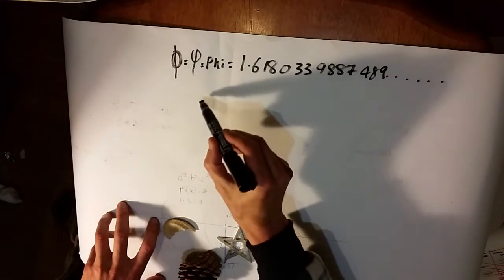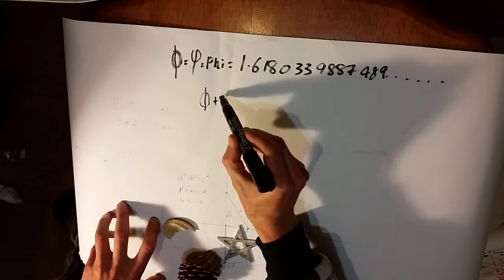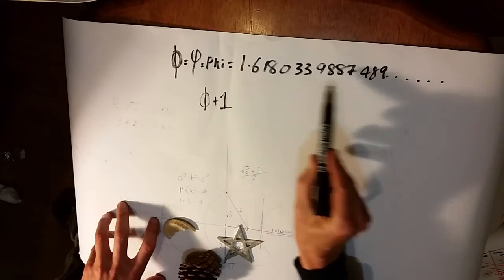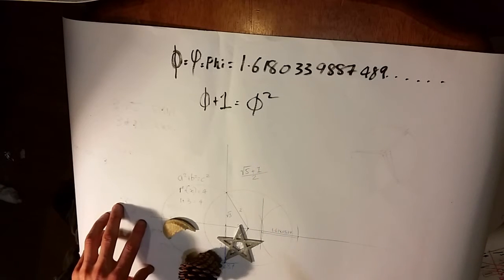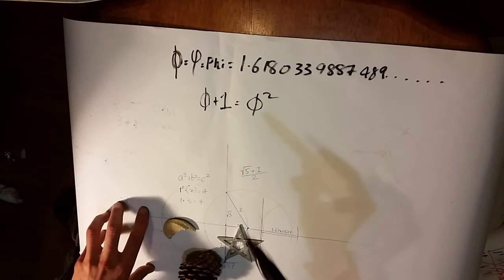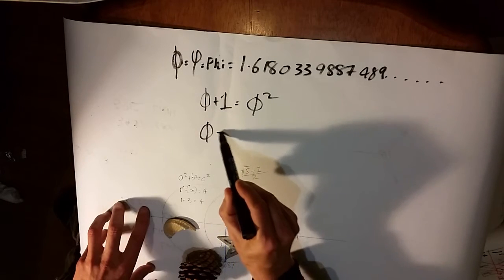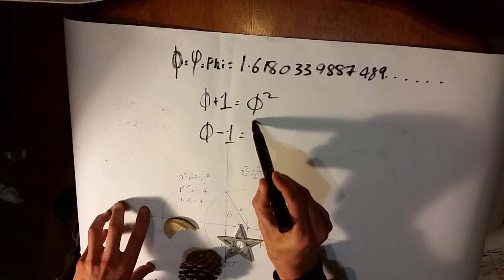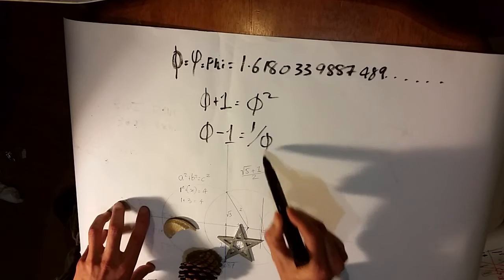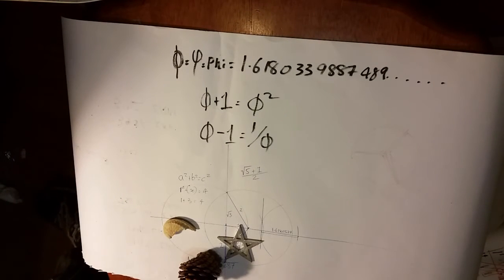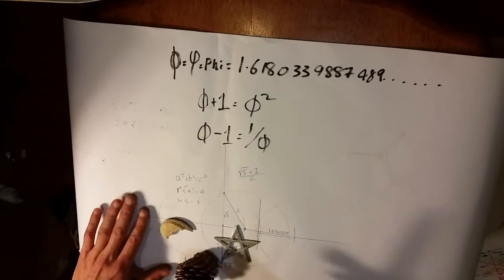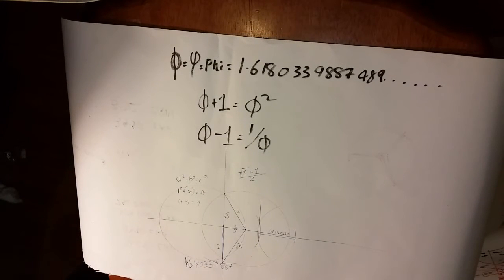For instance, phi plus 1, or 2.618, equals phi squared. Phi minus 1 equals 1 divided by phi. Again, only this number will it work, but phi seems to be a number that's hiding underneath all other numbers.